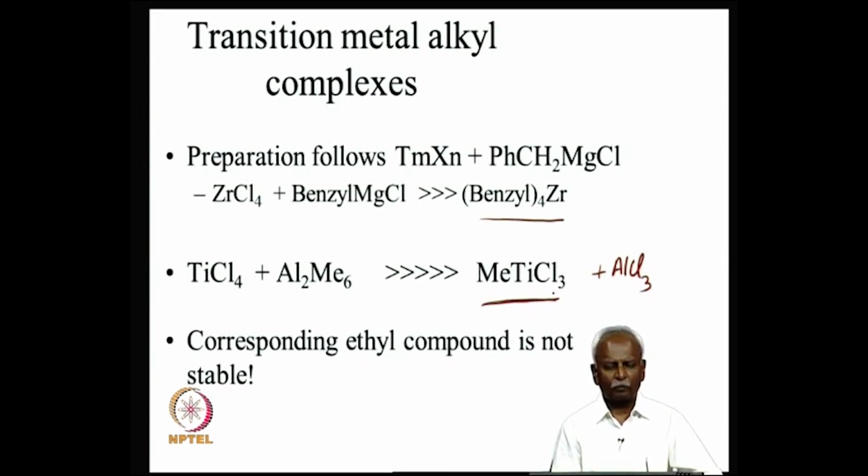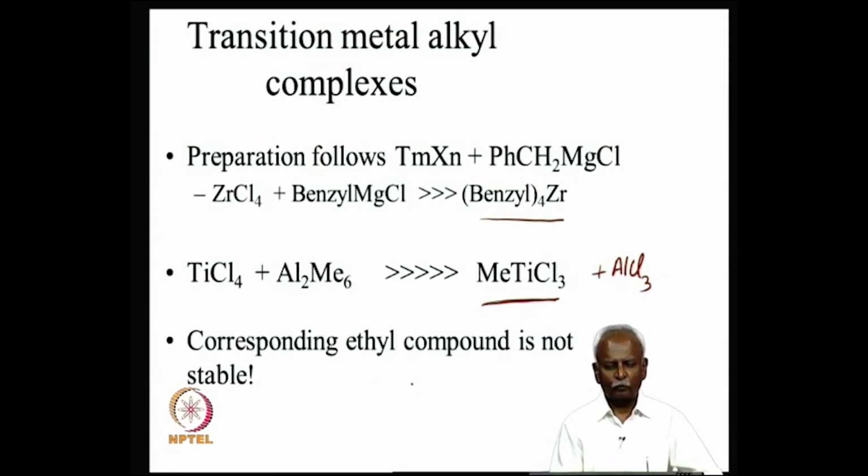So, if you mix appropriate amounts of TiCl4 and Al2Me6, you will end up with MeTiCl3. So, while these compounds can be generated fairly easily, they are quite stable. The corresponding ethyl compound is not stable at all.